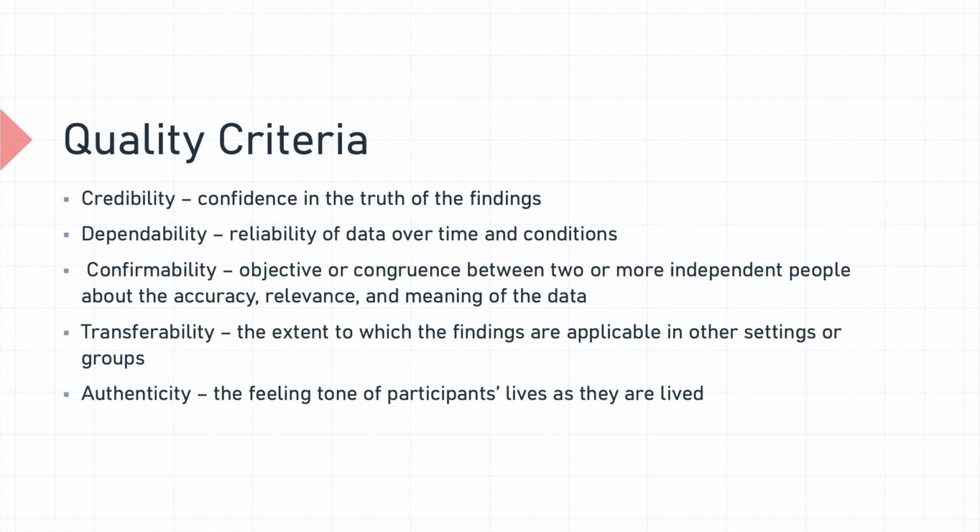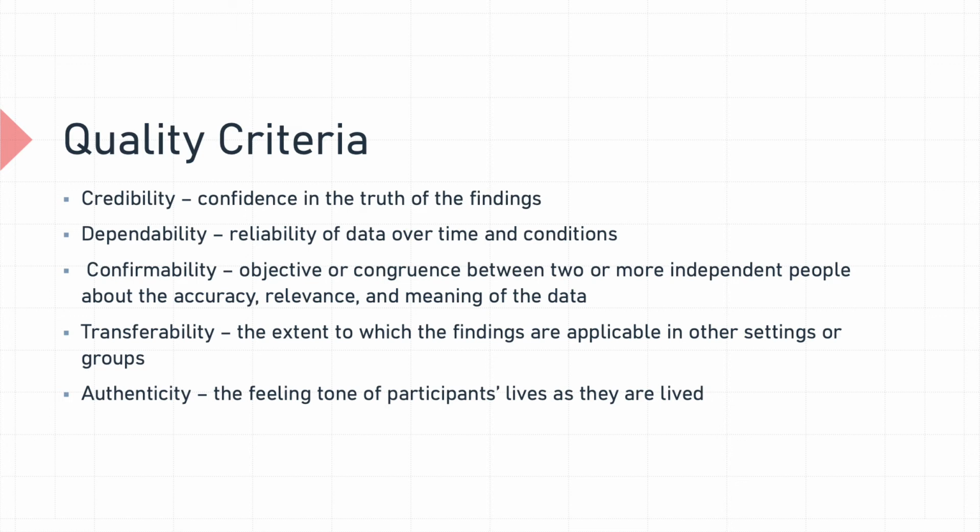Transferability is the extent to which findings are applicable in other settings or groups. We don't generally do research that we can't transfer to other groups. In quantitative research, we call it generalizability. But in qualitative research, we tend to refer to transferability.